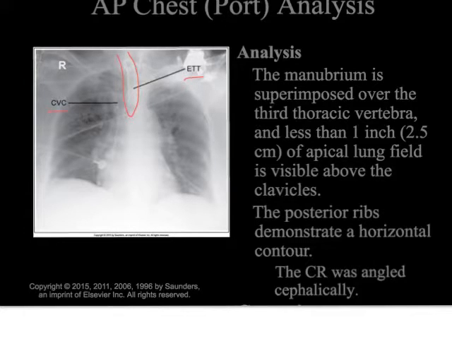For whatever reason, the central ray seems to have been angled, and in this case it was angled cephalically, which pushed those clavicles up over the apices of the lungs. If that central ray was angled more caudally, we would see the clavicles more inferior, almost more towards the center of the image.